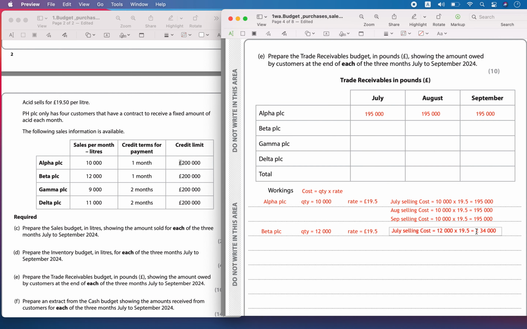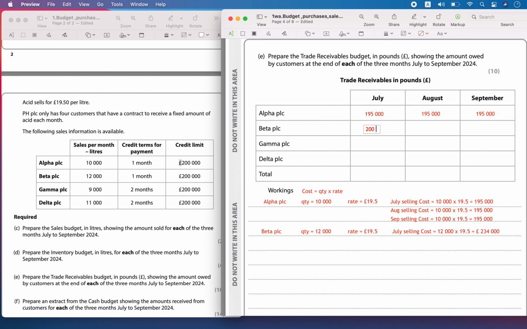But I can give them a maximum of only 200,000. My company policy is we give them credit only up to 200,000, and the rest they have to settle by cash because it has exceeded the limit.